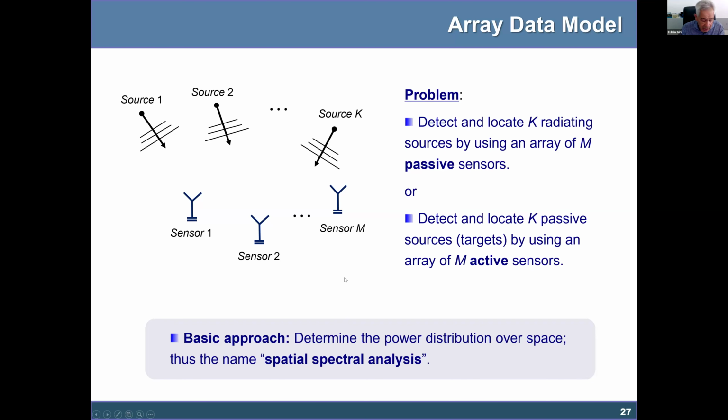The concept is similar to classical spectral analysis, where you want to estimate how the power is distributed in frequency. Here, we want to understand how the power is distributed in space, because we want to identify different targets located in different positions in space, or different sources.